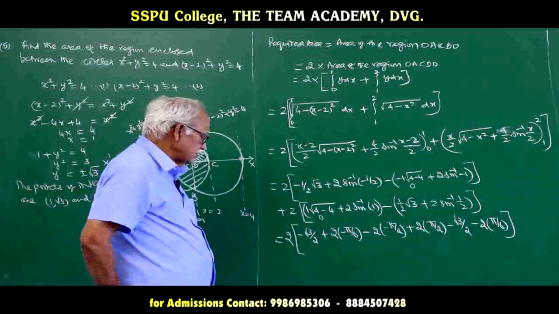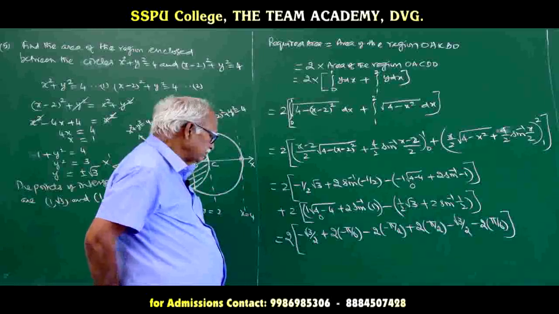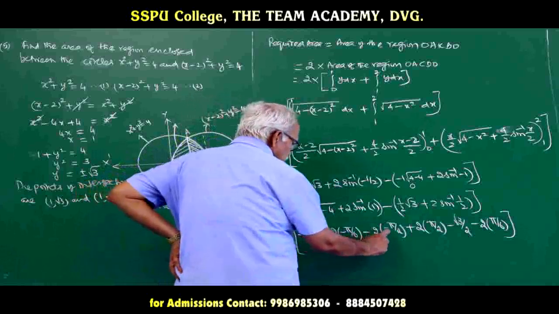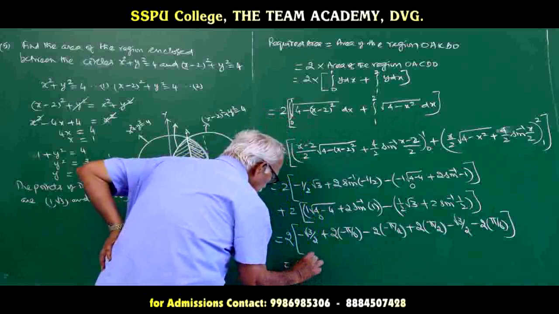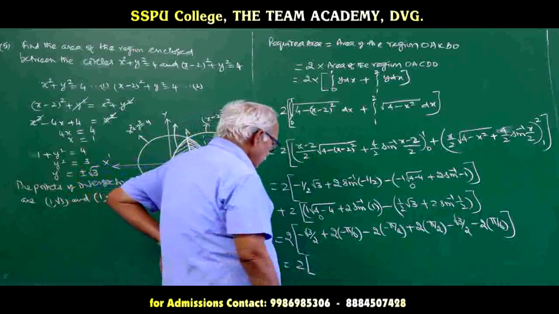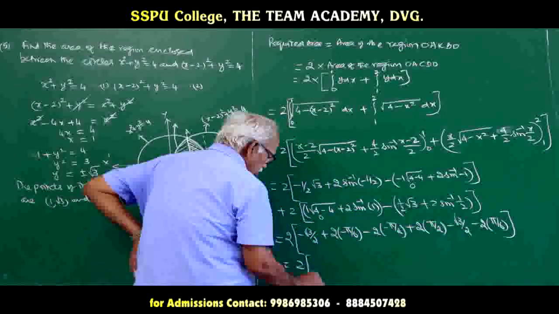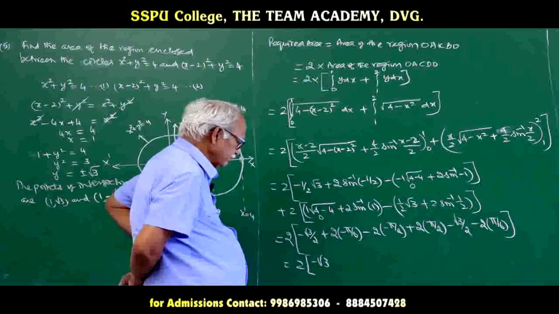Now, simplify this. What is the simplification that we get? You can see here minus 2 into pi by 2, you will get pi. 2 into minus root 3 by 2 minus root 3 by 2, you will get minus root 3.